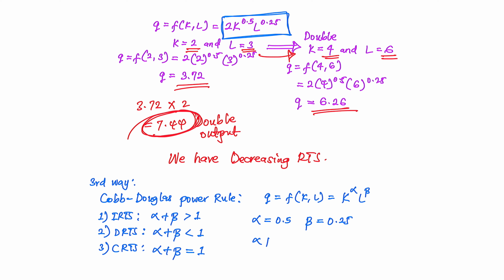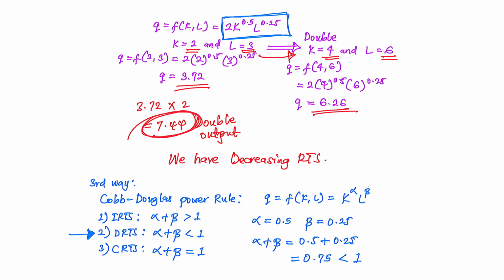So alpha plus beta, which is 0.5 plus 0.25, will give us 0.75. This value is less than 1. So that means the firm is experiencing decreasing returns to scale in the long run. And this is how we can tell if the firm is experiencing increasing, decreasing or constant returns to scale.